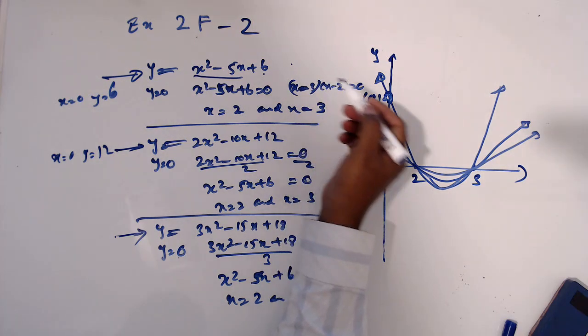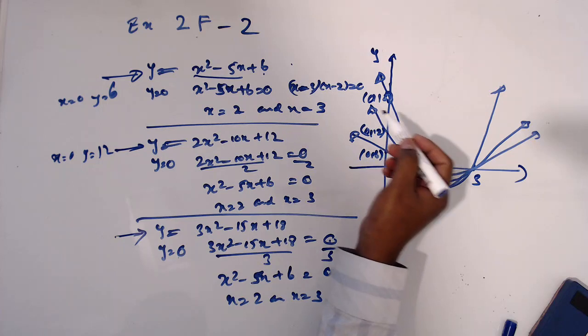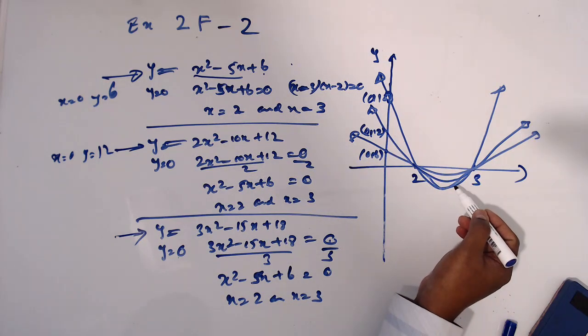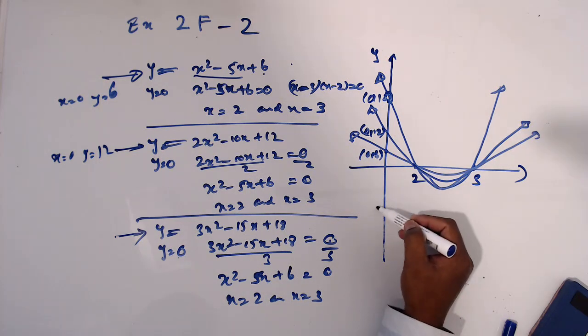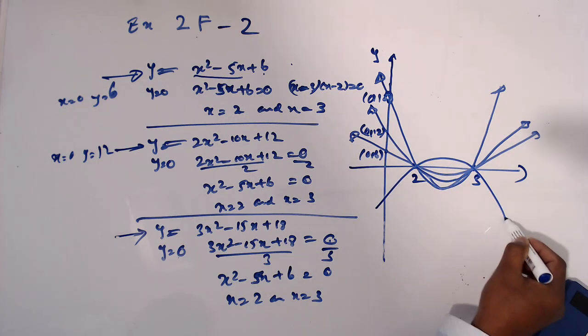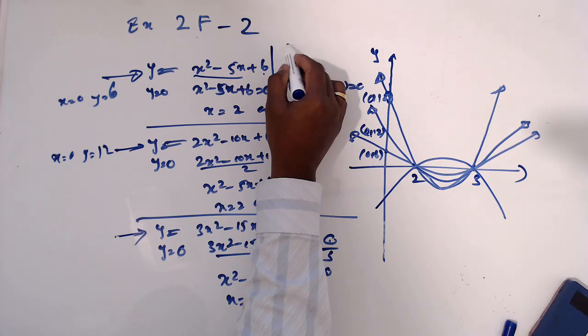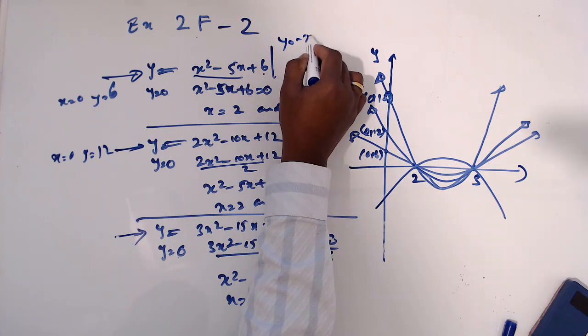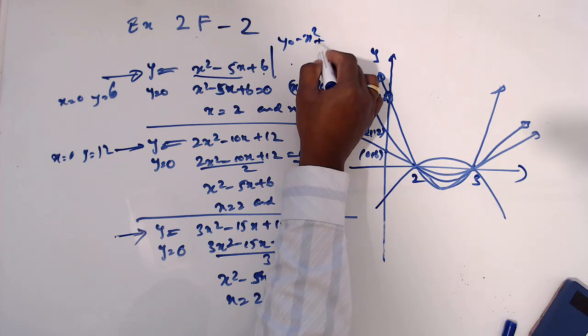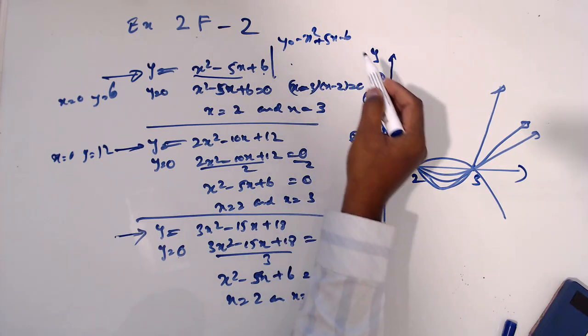Same as, I can change the graph into this way by putting just a minus in front of this: y equal minus x square plus 5x minus 6.